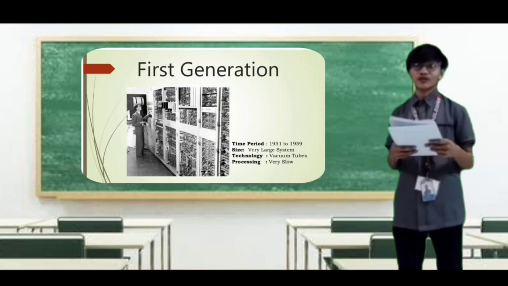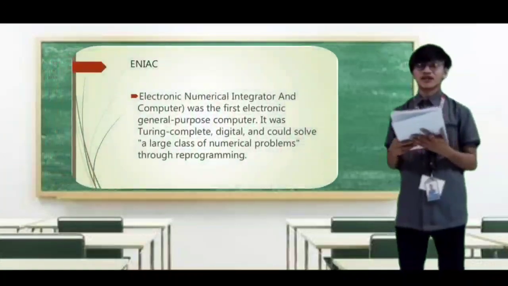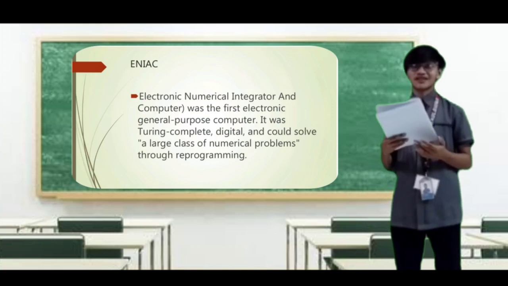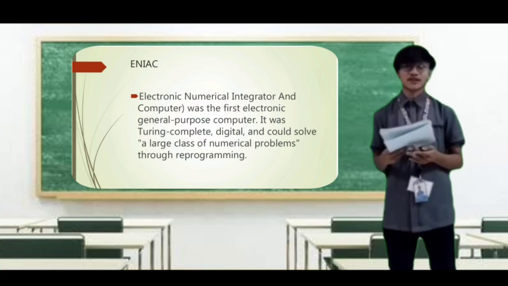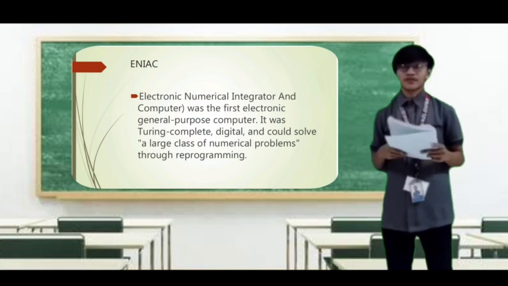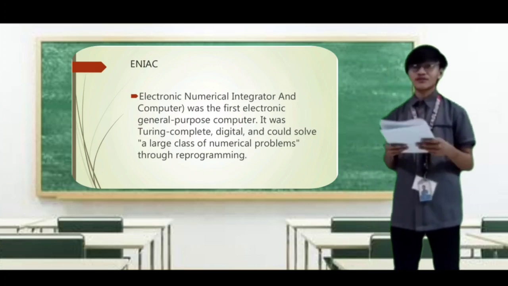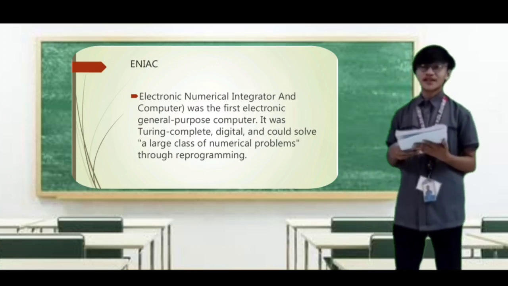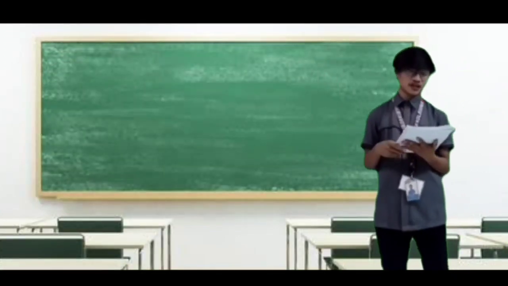This computer is also big like the Electronic Numerical Integrator and Computer, and it is the same that the processing of those devices is very slow compared to the machines that we are using today. The Electronic Numerical Integrator and Computer was the first electronic general purpose computer. We already discussed that, so let us proceed to the second generation.